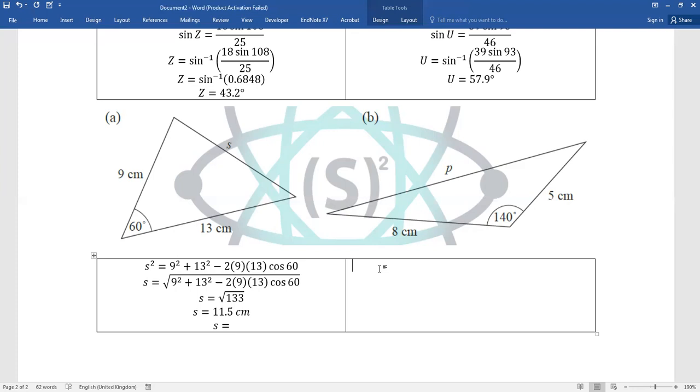If you want to find side P, you know the remaining two sides and the corresponding angle of P, the angle that is right in front of P. So P square is 8 square plus 5 square minus 2, 8, 5 cos of 1. I will let you people do this one and tell me the answer.